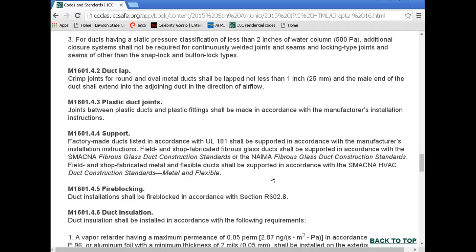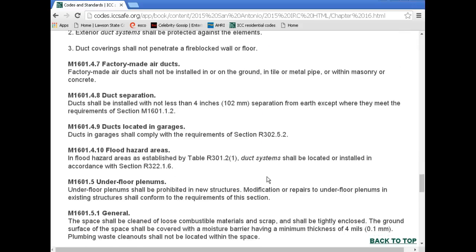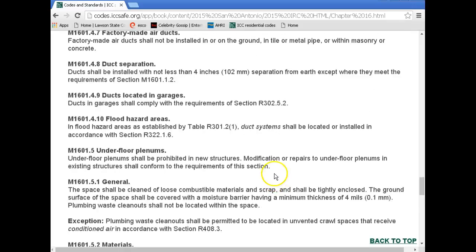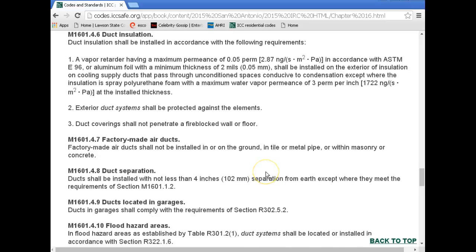All right, return air. Did they take that out completely? 1602. Wait a second. Did they stick this in here somewhere else? Factory made air ducts.